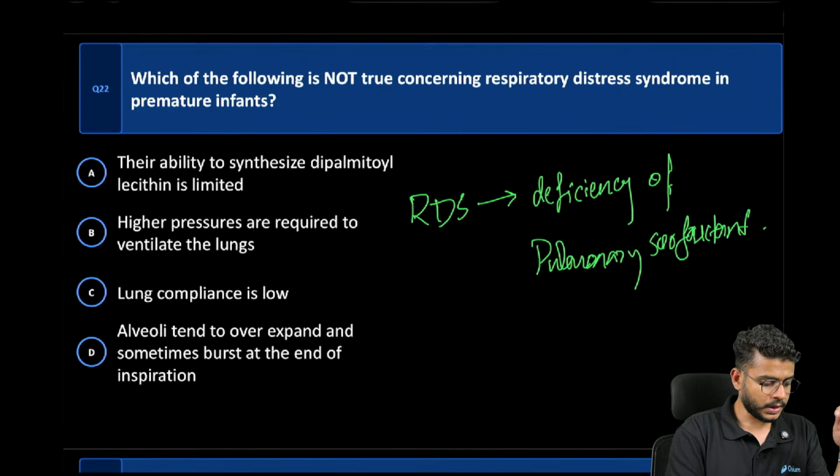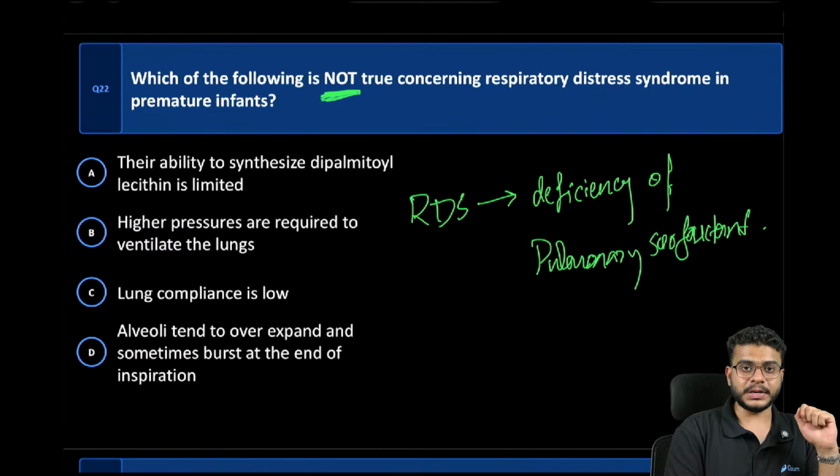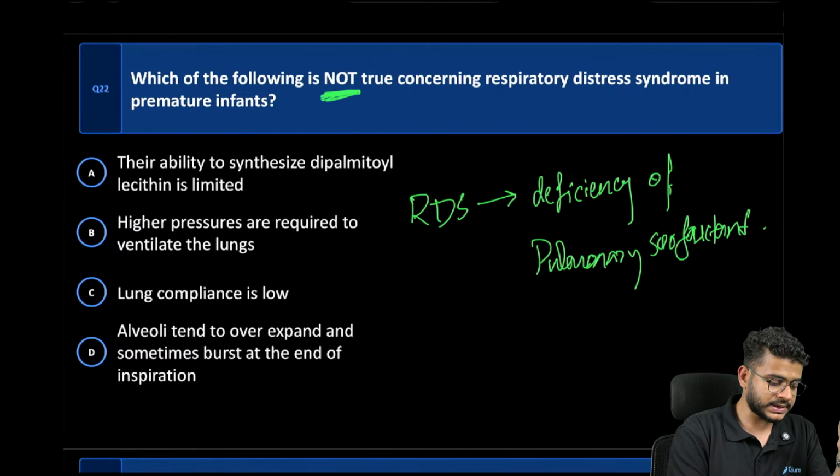Okay, so the options are: their ability to synthesize dipalmitoyl lecithin is limited. We should find the false statement. In premature infants there will be RDS, respiratory distress syndrome, which means they have deficiency of surfactant. So their ability to synthesize dipalmitoyl lecithin, which is surfactant, is limited.